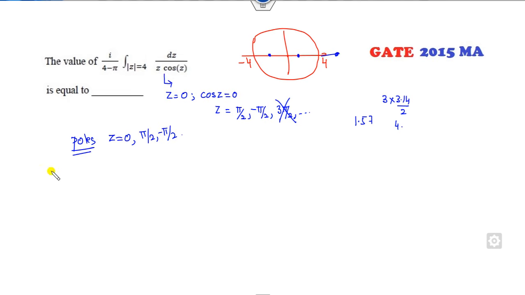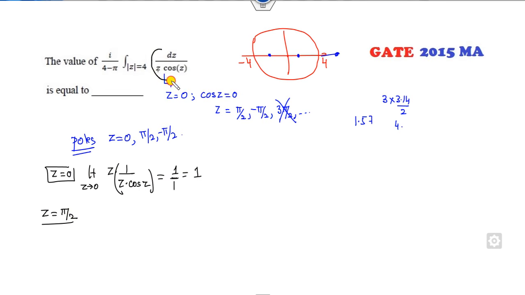We can find the answer when Z is equal to 0. We can find the limit, because Z is equal to 0 here, so I can multiply this by the function. Whenever you take the limit Z approaches, you have to multiply this by the function. So what is that? Cos of 0 is 1. So the answer is 1. When you take Z as pi by 2, because pi by 2 does not appear directly in this case, we can apply the limit definition.